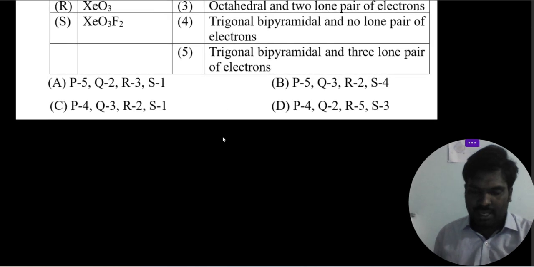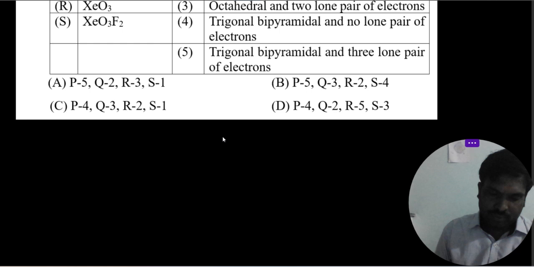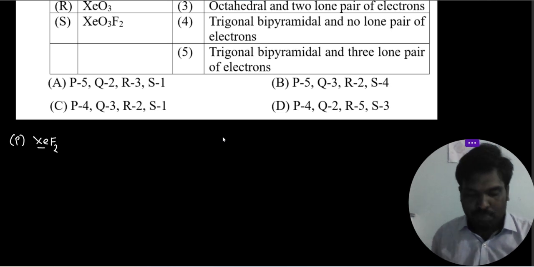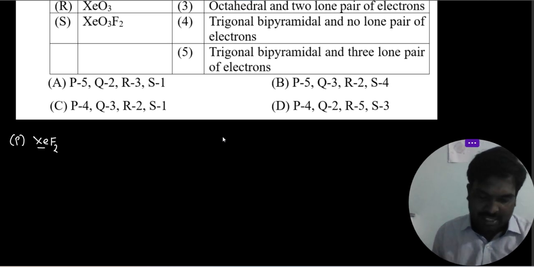So first one, XeF2. Now I am telling one simple trick. Xenon valence electrons: how many?